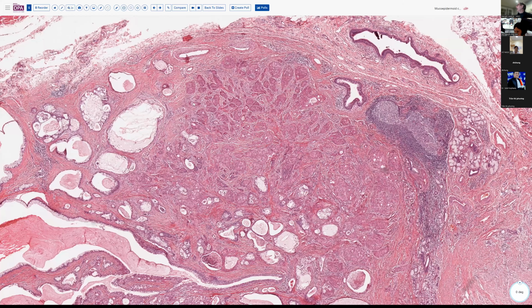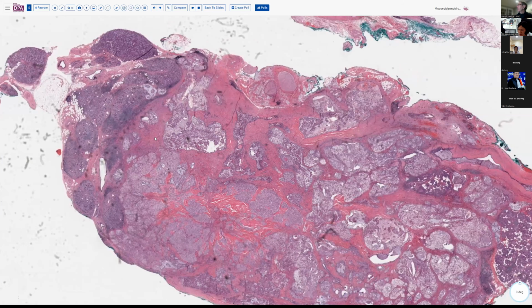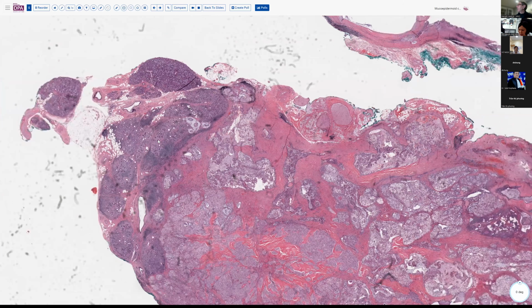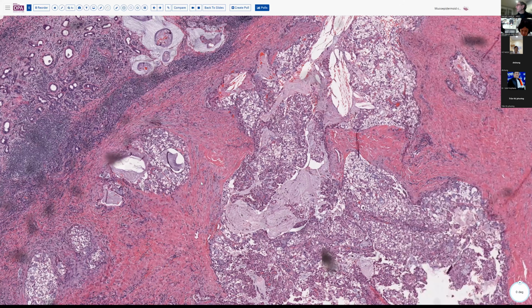One more example, a mucoepidermoid tumor. This one, I think, occurring in the parotid. I apologize for the dirty slide, but you can see the secondary atrophy in the parotid type tissue here with lymphoid inflammation. And then we look at this tumor, which has lots of mucus in it.